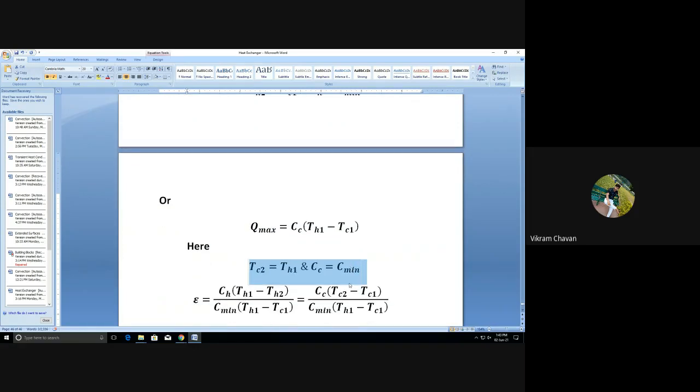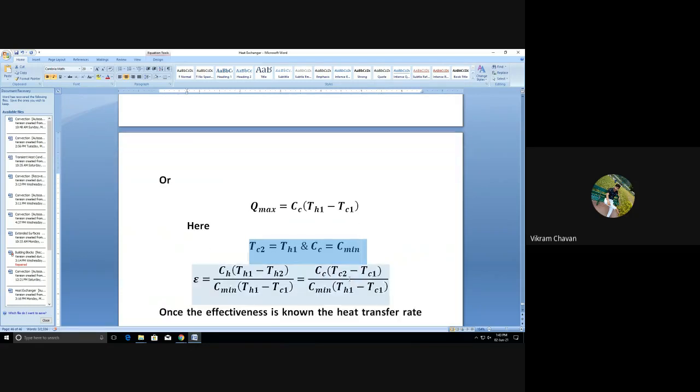So then we can write the effectiveness of a heat exchanger. We know that Q is the actual heat transfer, so we can consider the actual heat transfer divided by the maximum possible heat transfer. In both the cases we are getting C minimum inside the bracket TH1 minus TC1.